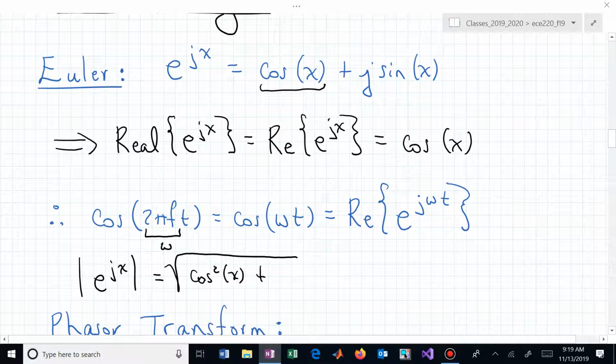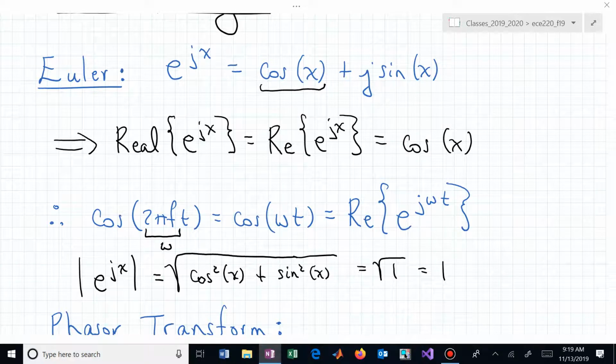We take the imaginary component and square that. And now you remember your trig: cosine squared plus sine squared. If you see e to the jx, that's just a distance of 1 from the origin.